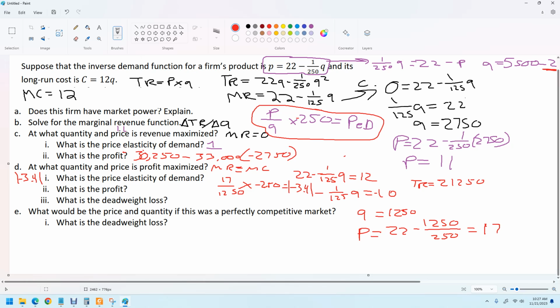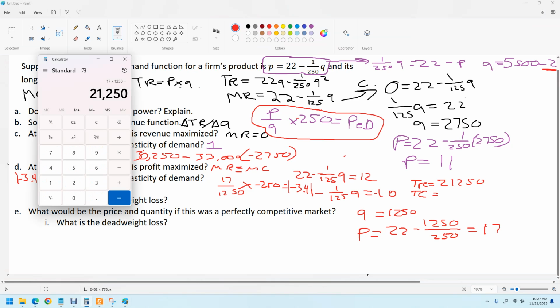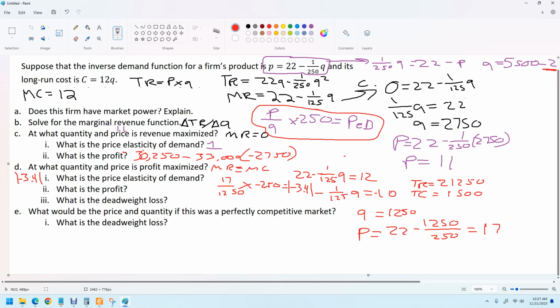And then our total cost is going to be our quantity times 12. That's 15,000. So now we're making a profit. The difference there would be 6,250. Woohoo, making a profit. That's the most profit we can make because we have profit maximized. 6,250.